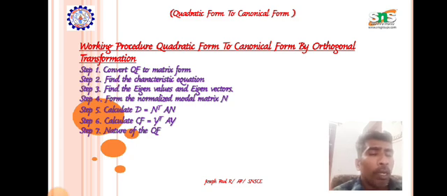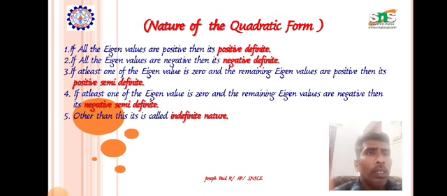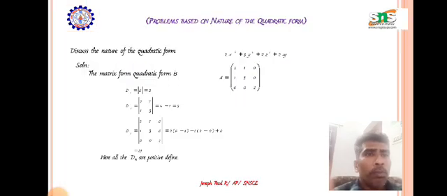If one is 0 and the remaining are negative, it is negative semi-nature. And if it is a combination of positive and negative, it is indefinite nature. So this is the nature of the quadratic form, which we evaluate by using properties of the eigenvalues.